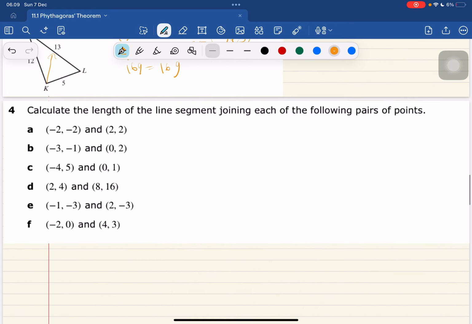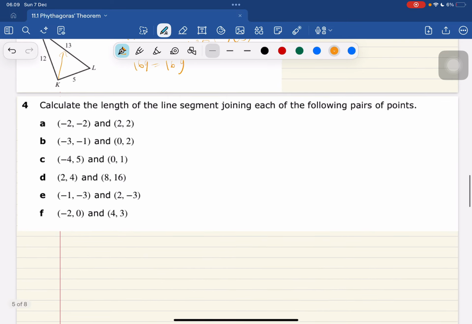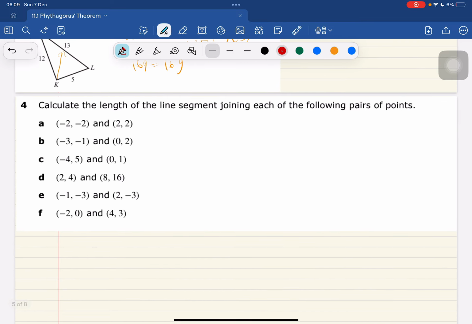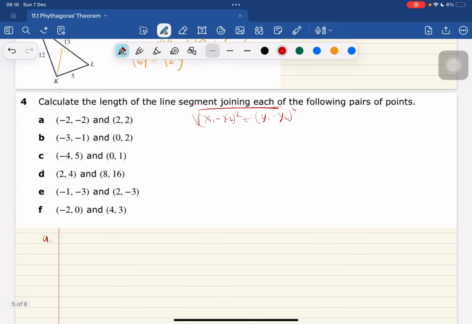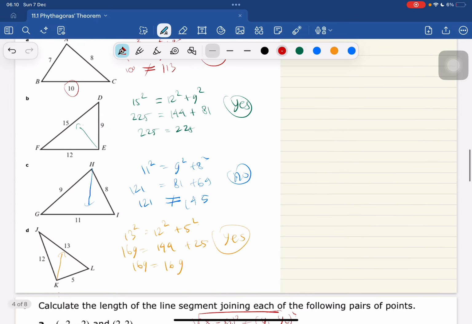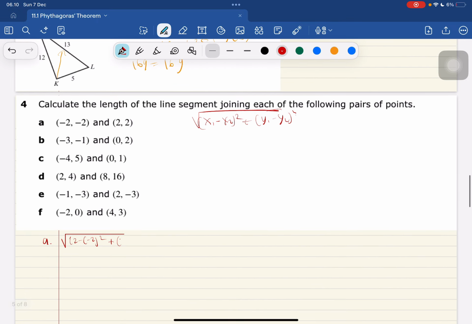Calculate the length of the line segment joining. Okay. So the formula is square root of x1 minus x2 squared plus y1 minus y2 squared. So let's first do it for A. So this is square root of, we got 2 minus minus 2 square plus same thing, 2 minus minus 2 square.